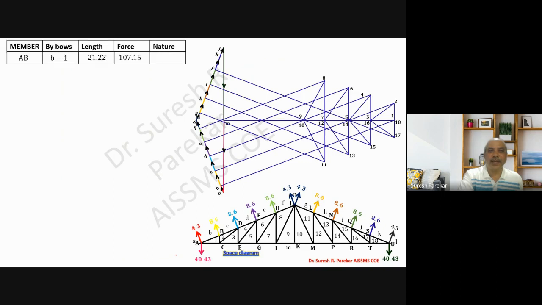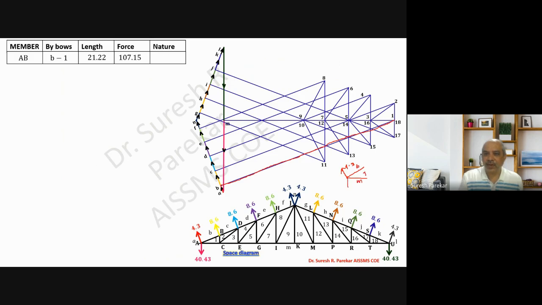Remember AB, then B1. In the same way we have to measure B1. We start from B and go to 1, so we are going in the upward direction. In this fashion, this will be 4.3. Simultaneously we go for both, so this will be B1 and then 1M.